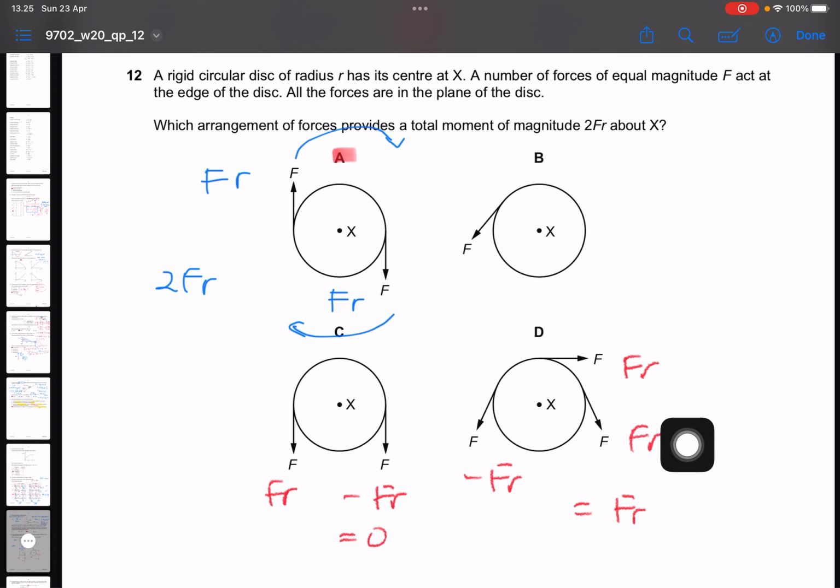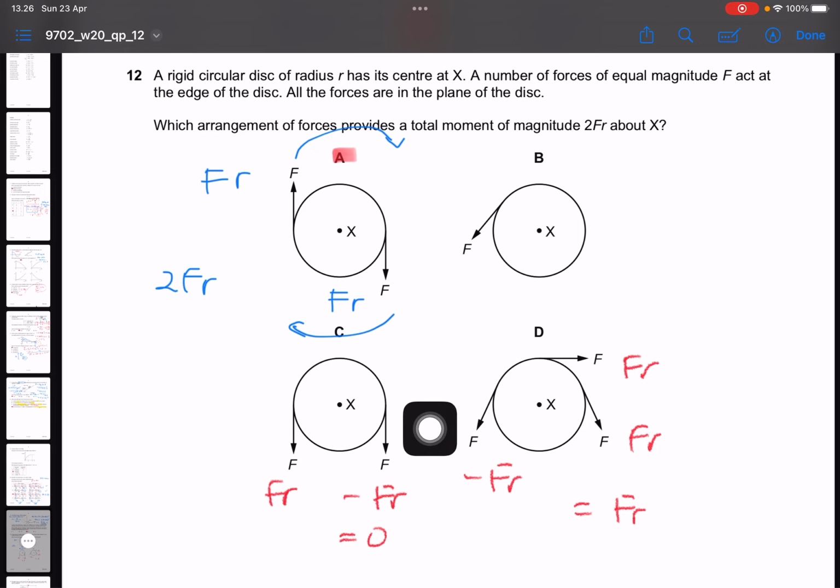Actually, directly the answer is A, because the moment is F times R, and also this is F times R, in one circular direction. So FR plus FR. What about this one? This is only F times R, only one.